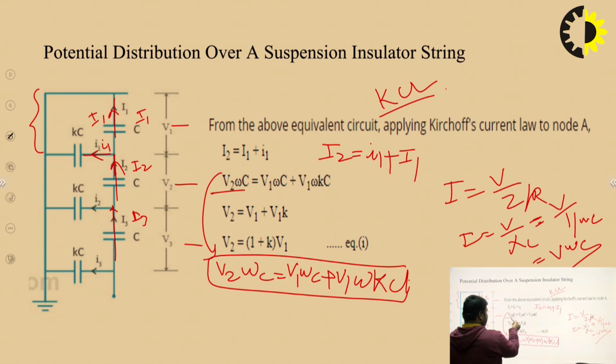So V2 omega C equals V1 omega C plus V1 omega KC.